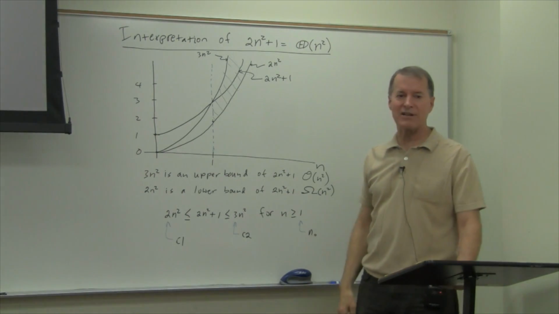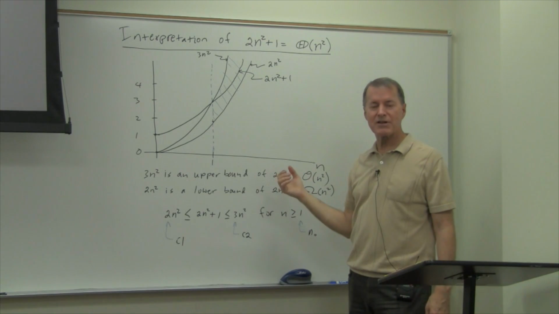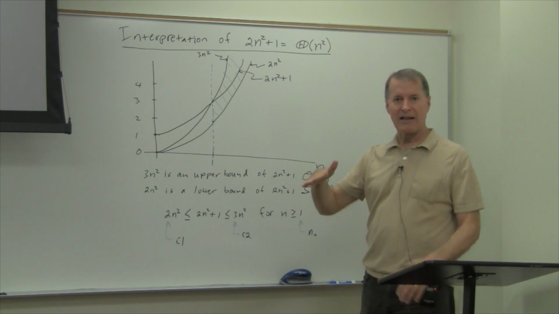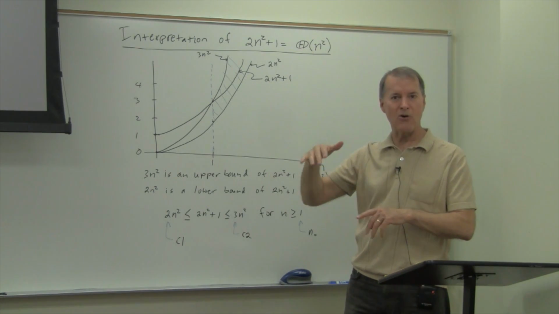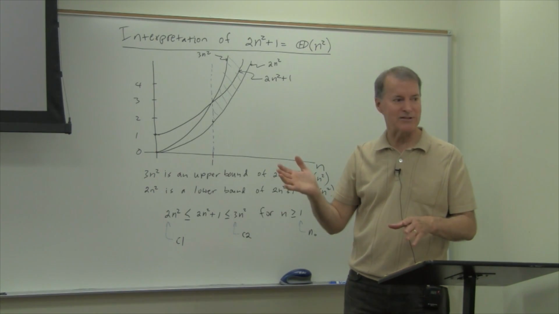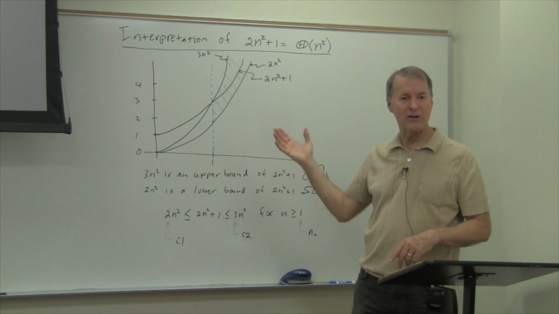Now what's really interesting in the study of algorithms is that when you get into really complex algorithms, sometimes researchers will know that a particular algorithm is bounded above by some function, and the one that is bounded below is not the same function. So we don't know what its big theta is. You see what I'm saying?